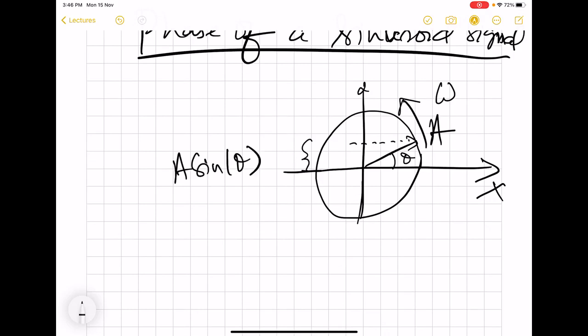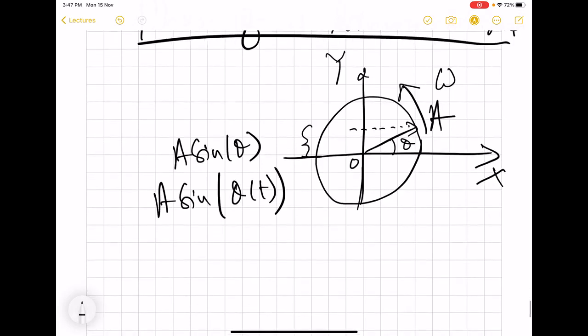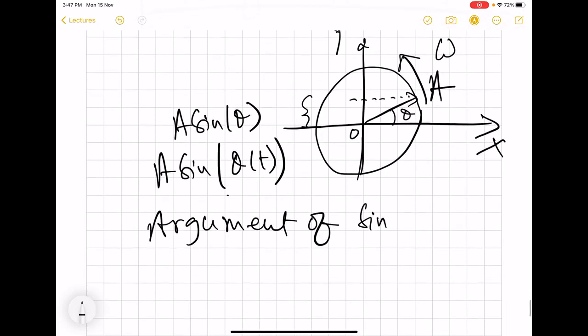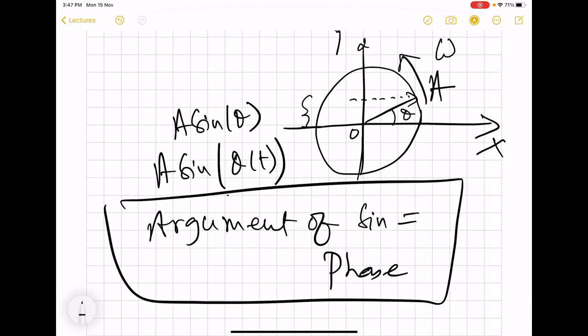Since this phasor is rotating with angular velocity omega, this will be A sine omega t. That means this theta will be changing with time. And here, this complete argument is called the phase.